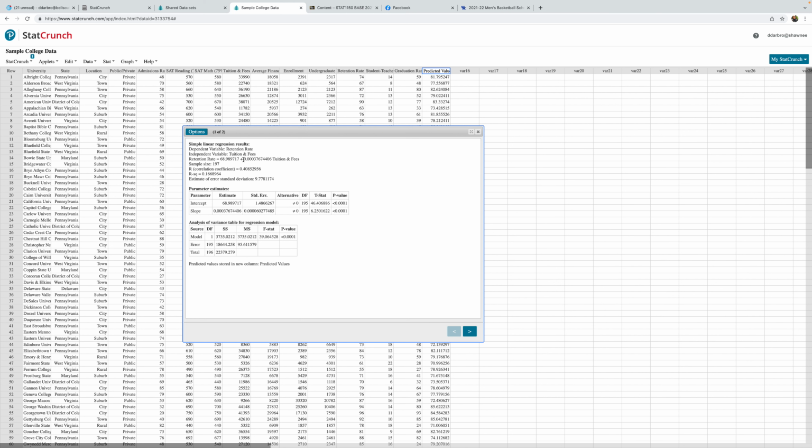What is the interpretation of the slope? As tuition and fees increase $1, the predicted retention rate increases 0.00038, let's call it.